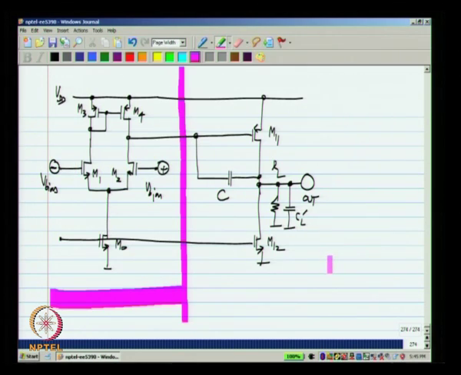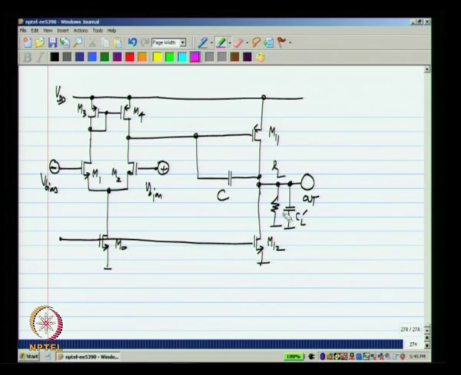Okay. Now, in case of the two stage op amp, let me just not show the load explicitly, but it can be there. What will be this value when the inputs are at V bias and there is perfect symmetry between two halves of the differential pair?